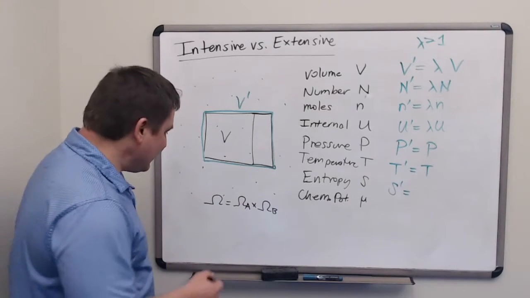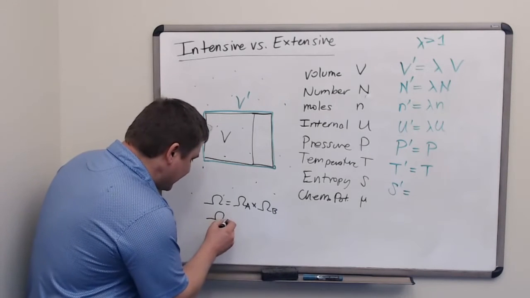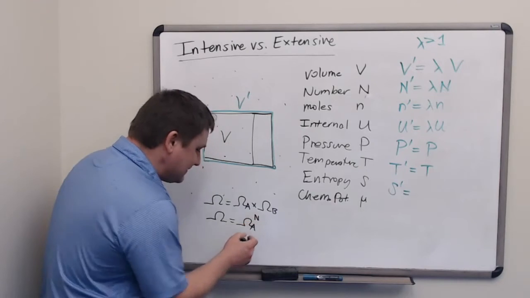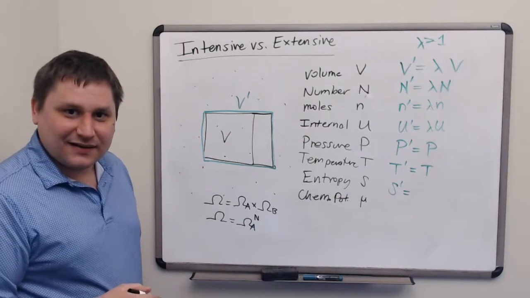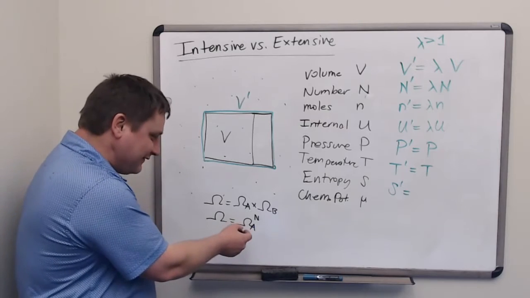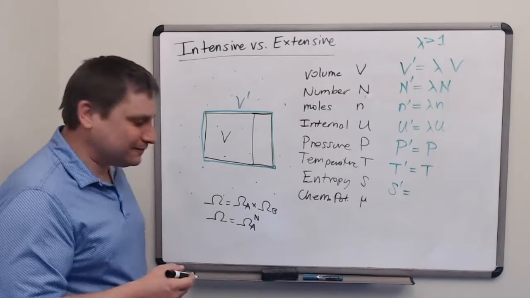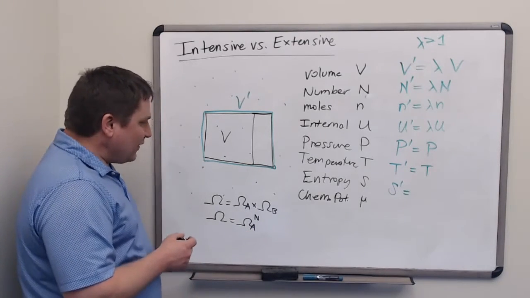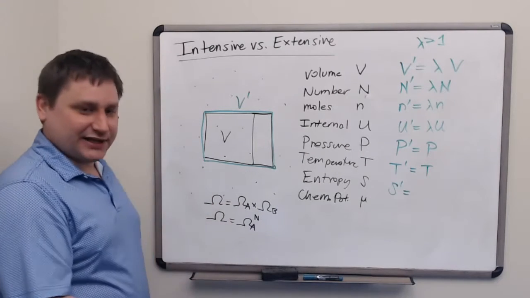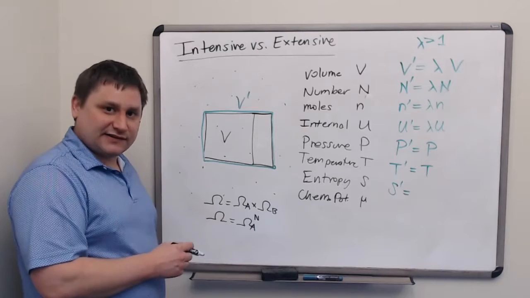And then we also had a proof that if we combined n systems together, the multiplicity of the total would be the multiplicity of each one raised to the nth power. So it makes sense then that the multiplicity scales multiplicatively when we increase the size of the system.